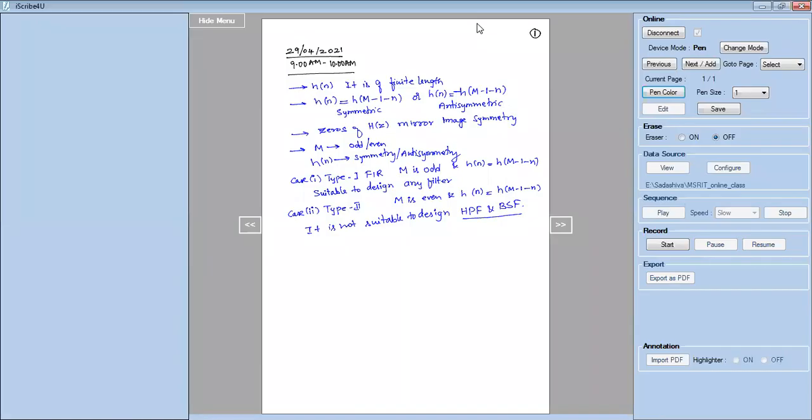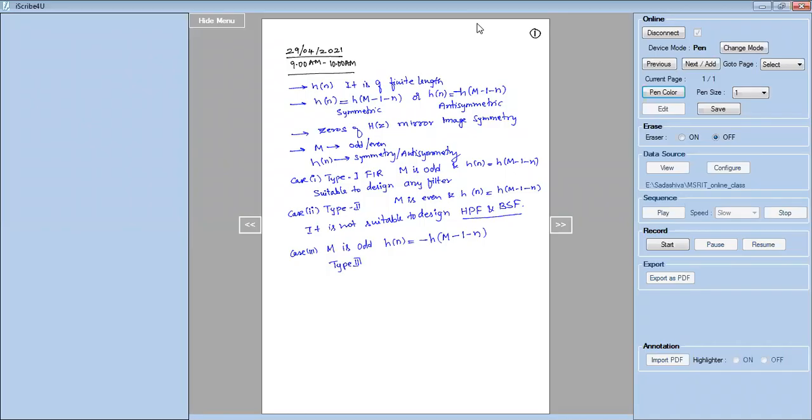Next, case 3. In case 3, we are having M is odd and my impulse response of the filter will be antisymmetric. That is h of n is equal to minus of h of M minus 1 minus n. So this is known as the type 3 filter.